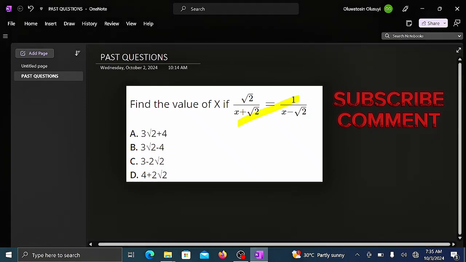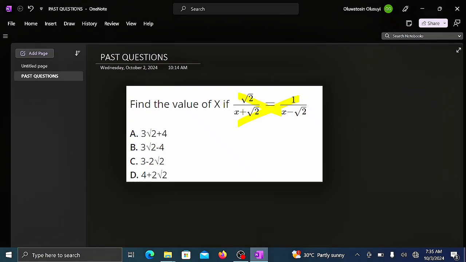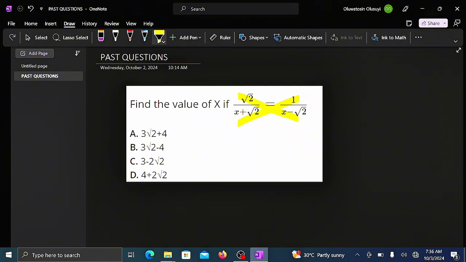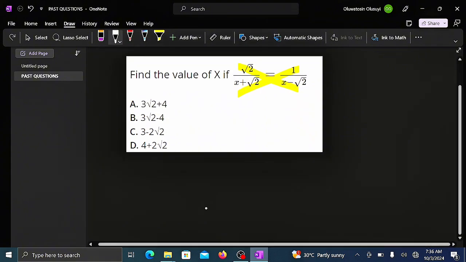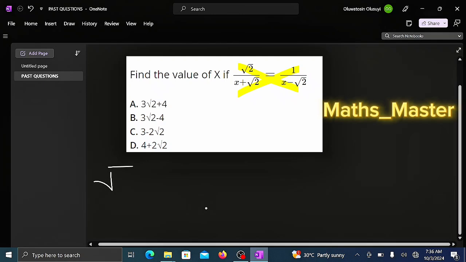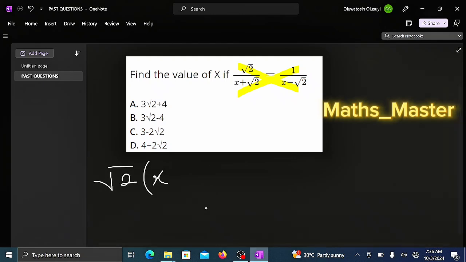So x plus root 2 multiplies 1, then root 2 multiplies x minus root 2. So let's quickly get to it. We have root 2, open a bracket, x take away root 2, right?